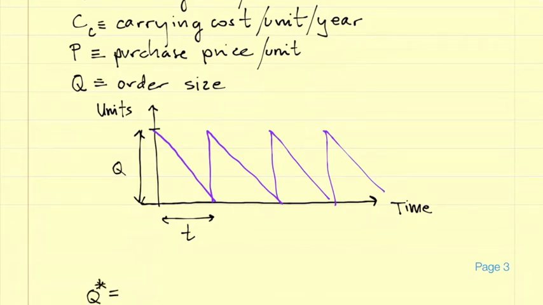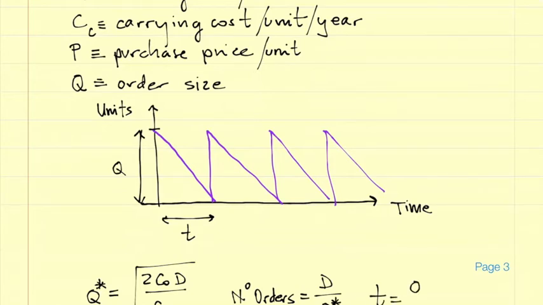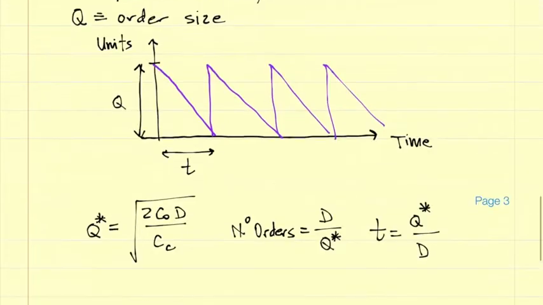Okay, so we know already that this model has a solution of Q star equals the square root of 2 C0 times D divided by C sub C. The number of orders equals D divided by Q star, and the time between orders T is Q star divided by D. We know this, okay, so I am not going to repeat it because it's already known.